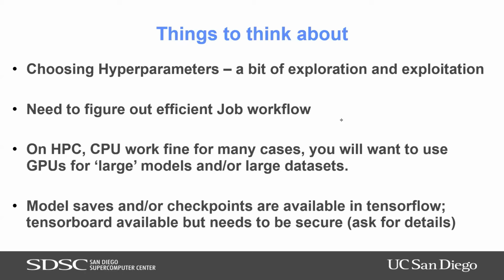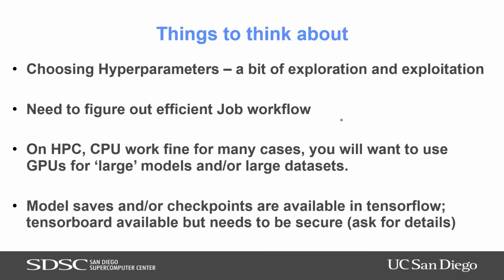CPUs work fine for many cases. If you're doing multi-layer perceptrons and you're not using a lot of data, you could get away with CPUs. The bigger your networks and the more data you have, the more you're going to want to use GPUs. I'm not going to talk about really big jobs because that takes us to a different level of detail, but you would always want to consider using model checkpoints, model saves.